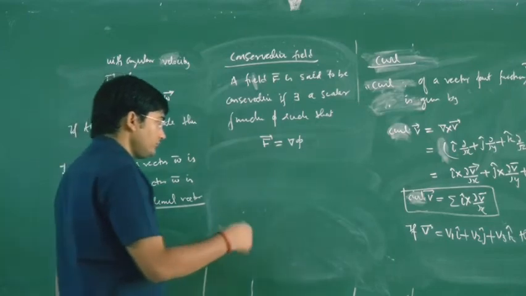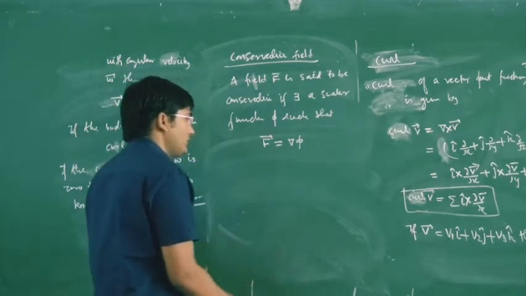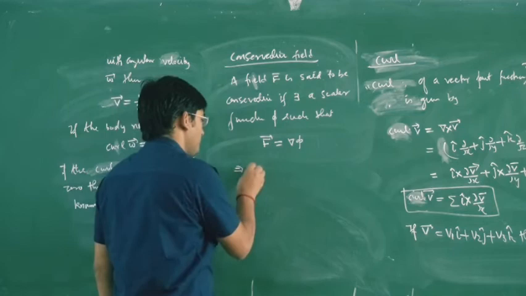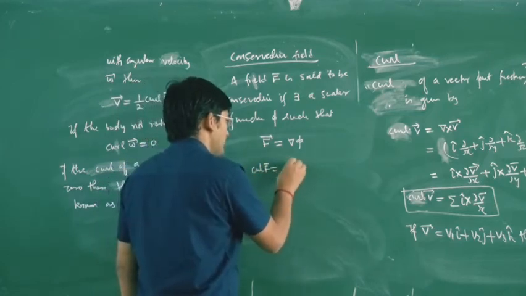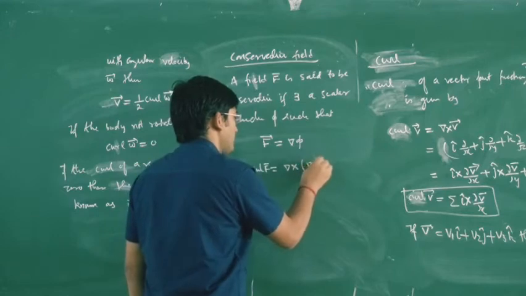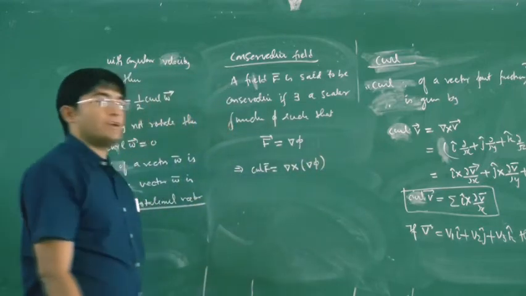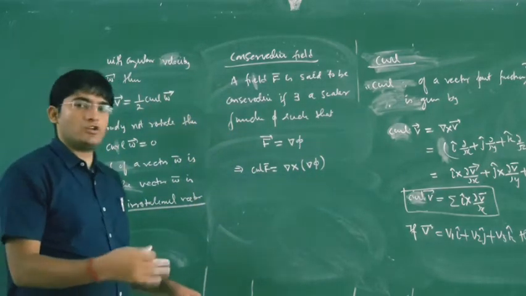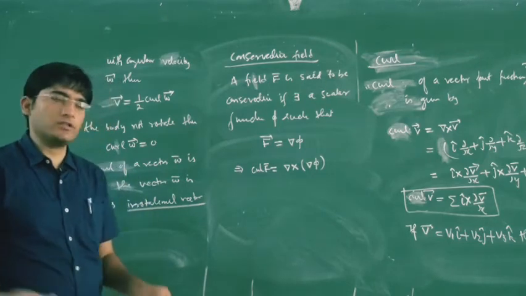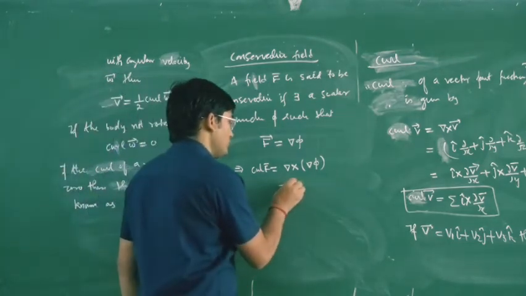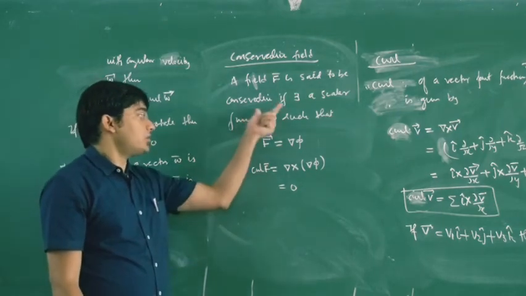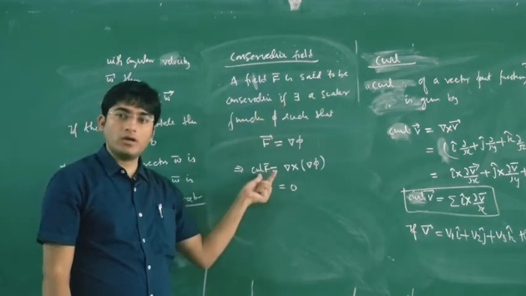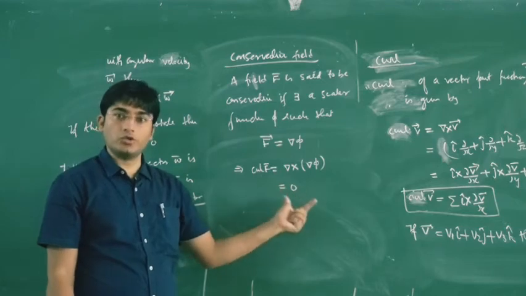Now, if you want to calculate the curl of such a vector, the curl of F in this case will be equal to del cross del phi. So this is your curl grad phi, and later on I will prove that curl grad phi is equal to 0. So that means we can say that for a conservative field, the curl of the vector will be equal to 0.